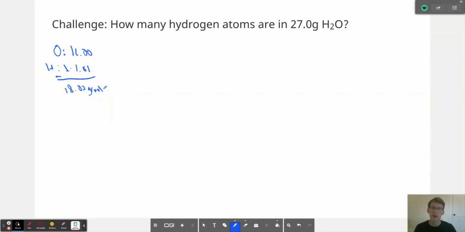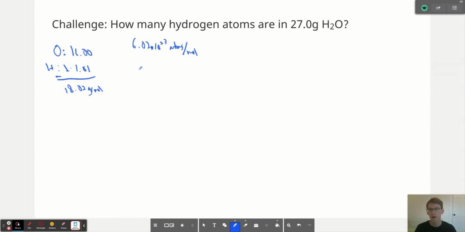What else could be a useful conversion factor here? Well, I'm looking for hydrogen atoms. I know that there are 6.02 times 10 to the 23rd atoms per mole, but I'm looking for hydrogen, not just atoms in general in the molecule.